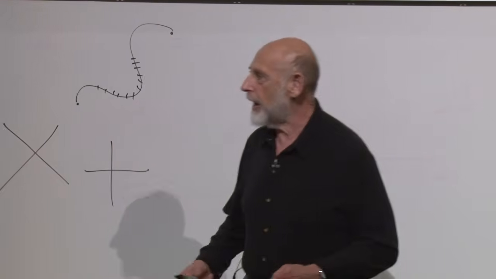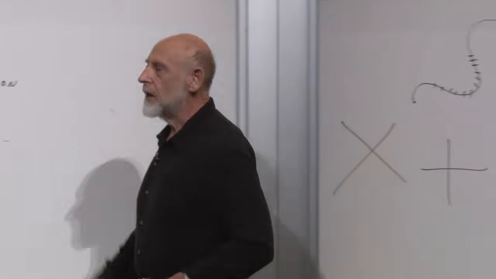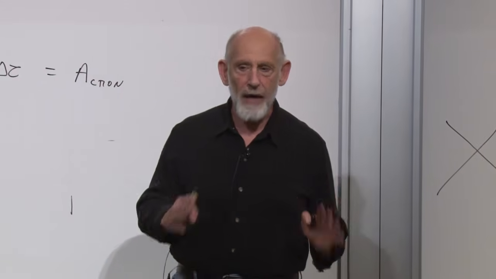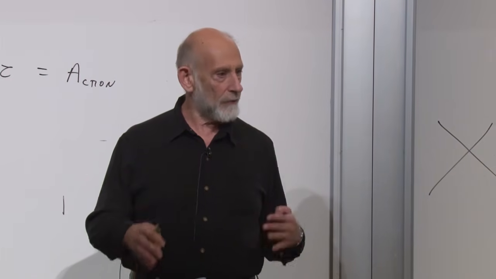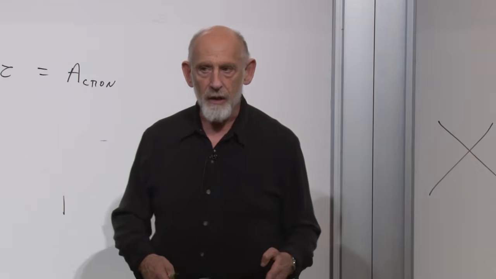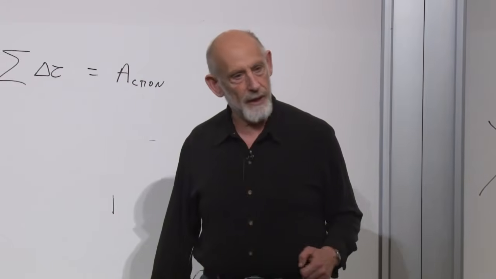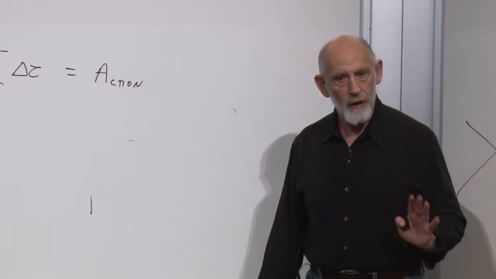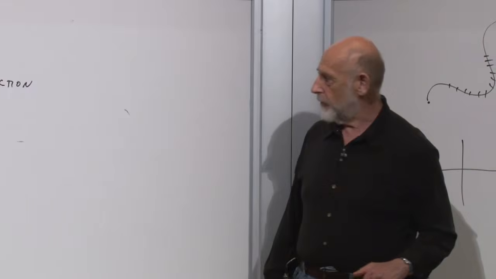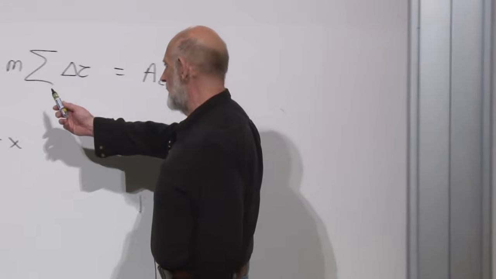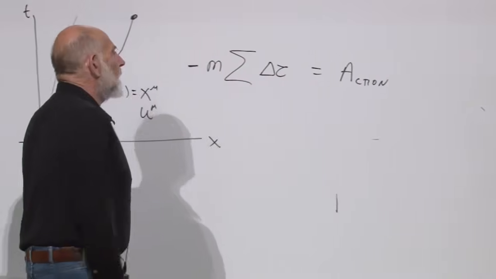So we're going to come back to why this minus m is there. It's for the purpose of matching on to non-relativistic formulas. It would not change anything if we didn't put it there, but in order to match with non-relativistic formulas, we'll put a minus m there for the time being.